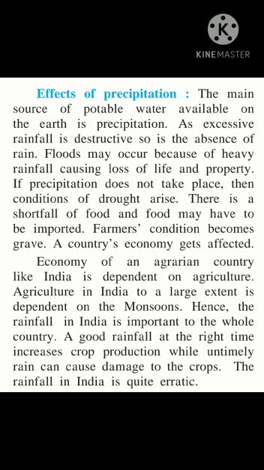Excess or less precipitation may lead to shortage of food supply and food may have to be imported. Farmers' condition becomes grave and the country's economy gets affected. As we all know, the Indian economy is an agrarian economy and depends heavily on precipitation. The precipitation in India is quite erratic.